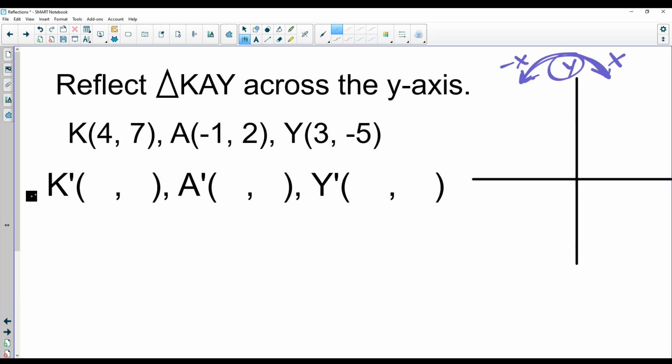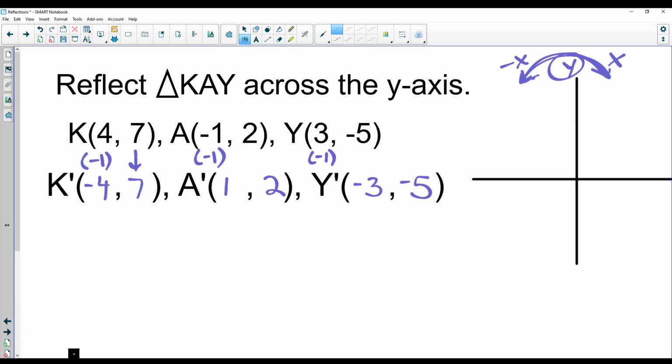So point K, which is 4, 7, should stay the same for y and flip x. Okay, so we would multiply by -1. All of the y's will stay the same, and the x's have to change. So all the x's get multiplied by -1, and the y values stay the same.